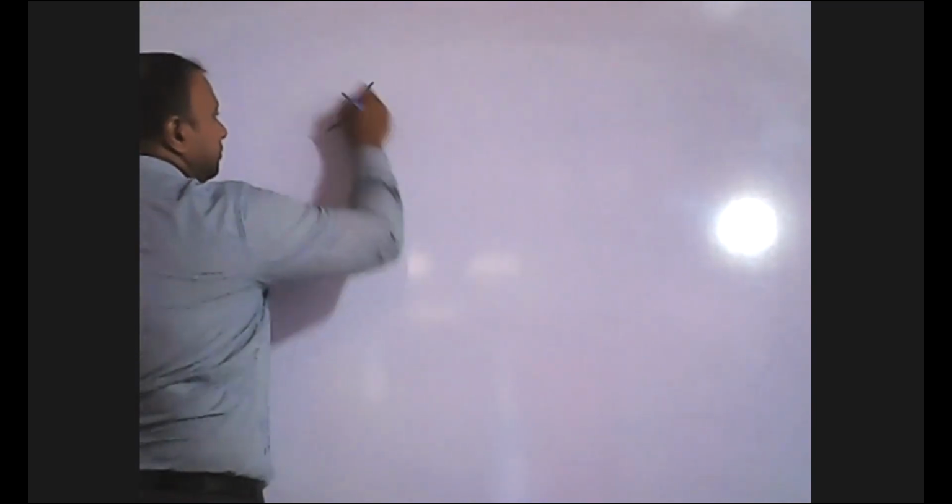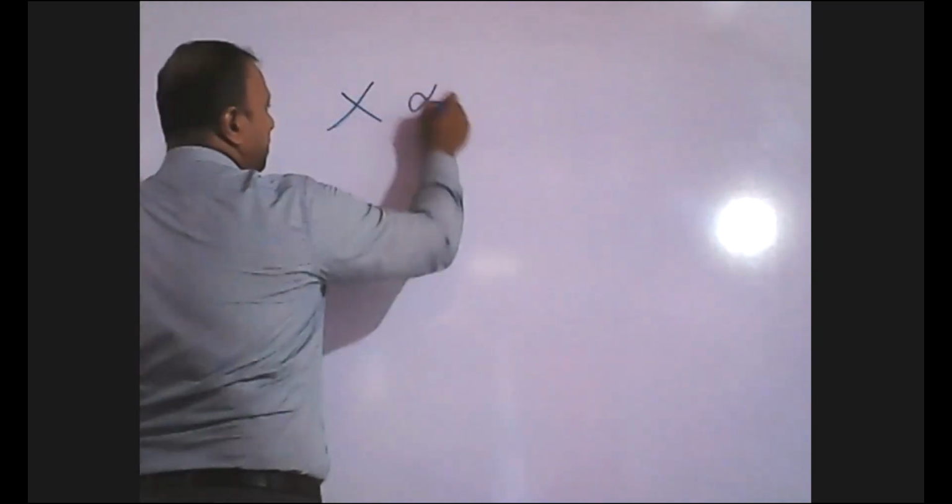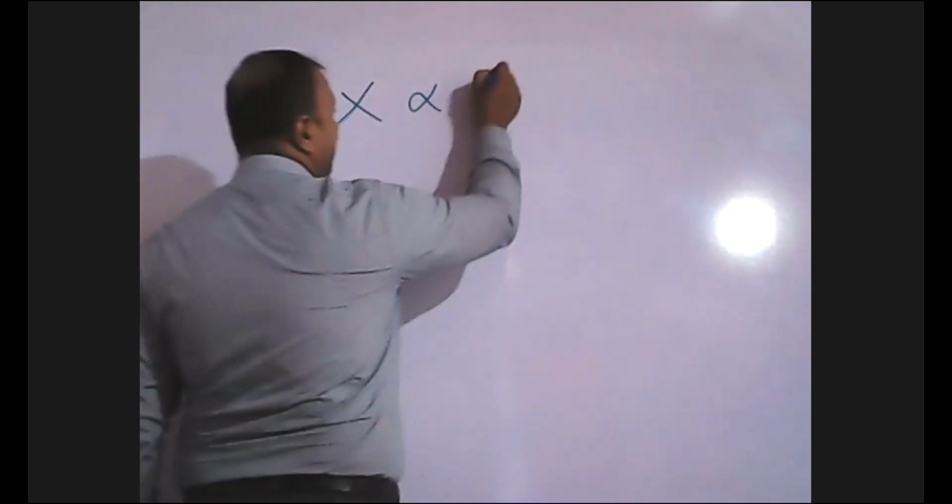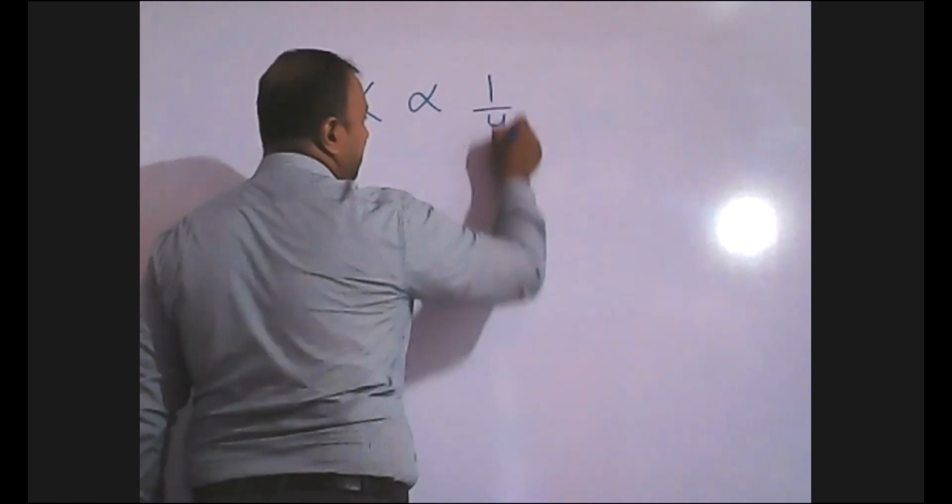Okay. We can write this indirect proportionality using the symbolic method in this way. If x is indirectly proportional to y, then I can write it this way.